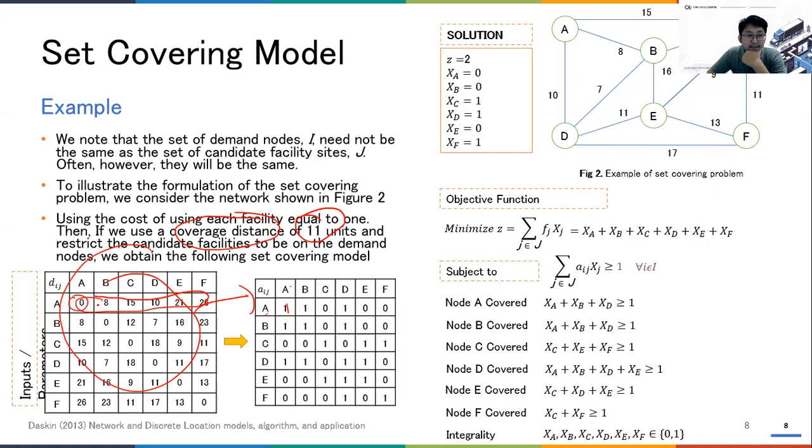A to B is 8, and 8 is less than 11, so you put 1 here. A to C is 15, and 15 is more than 11, so you put 0 here. That's how you generate the coverage matrix.